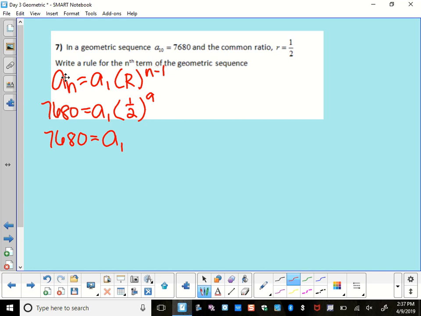What'd you guys get for 1 to the power of 9? Or 1 12. Multiply by 512 on each one. And I want to get rid of it. Those are gone, and I'm left with the first term.